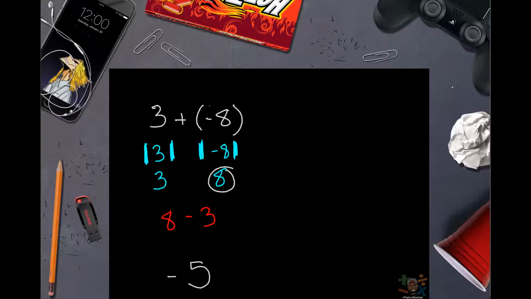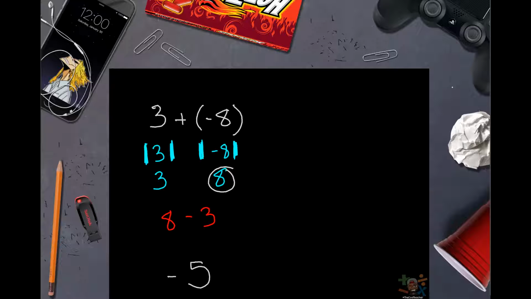Then, since my signs are different, I subtract the smaller number from the bigger number, and I get 8 minus 3, which is 5. That's how I get negative 5. The absolute values tell me what my sign is. My different signs tell me that I'm going to subtract. And that's how I get my answer.